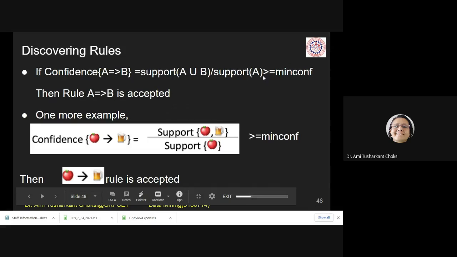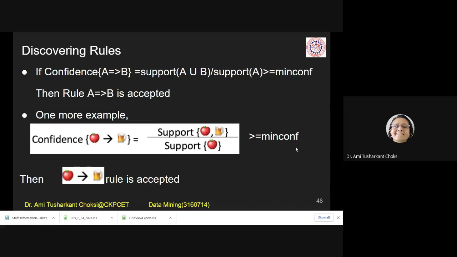What have we studied? We can decide the rules based on the confidence, right? If the confidence of a particular rule is greater than or equal to the minimum confidence, we can say the rule is accepted, isn't it? And for confidence, what is the formula?